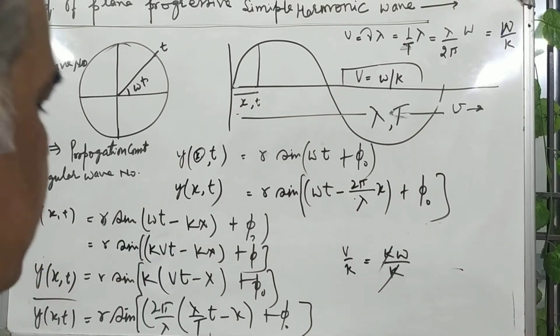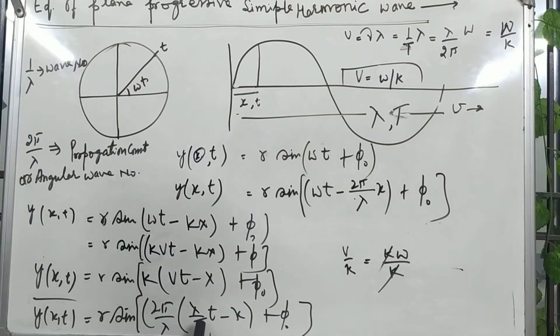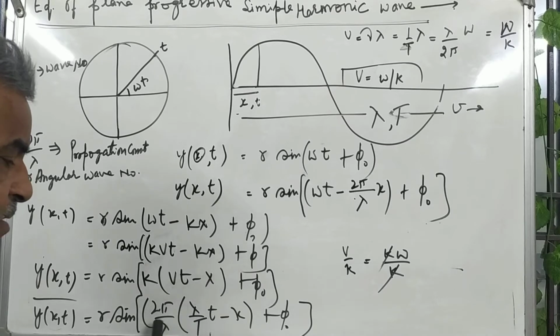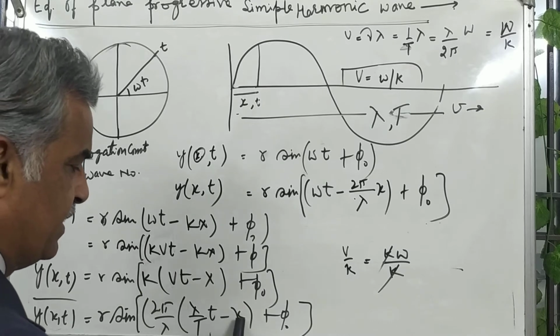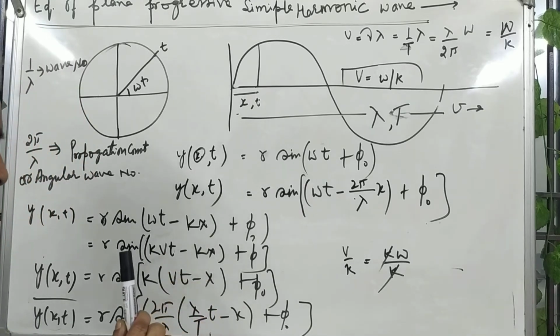Now further you may transform. You can take lambda as a common factor, so the lambda cancels, and from this you may write x upon lambda.